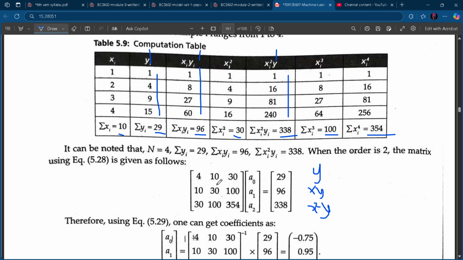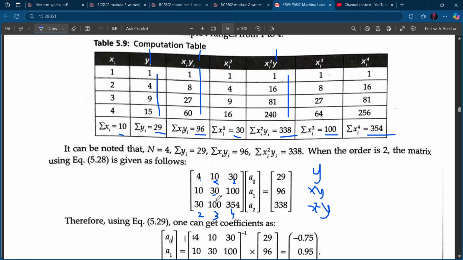Then summation of x is 10, summation of x square, summation of x cube. Here square, cube and 4. So I'll write just the number 4, then 3, 2. Here just summation of x, x square.